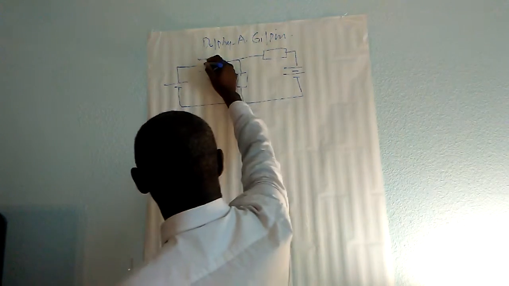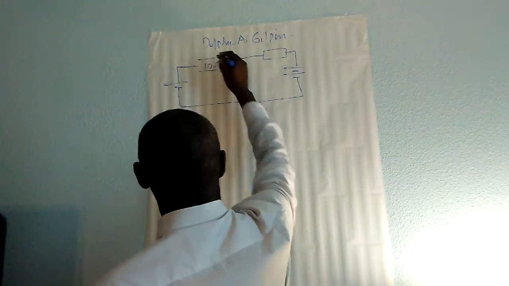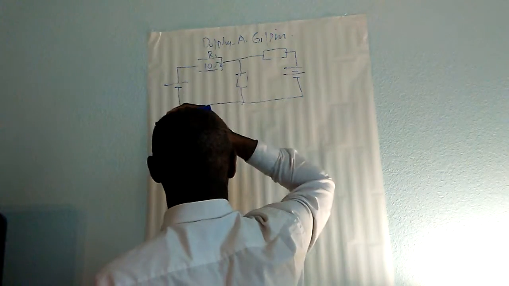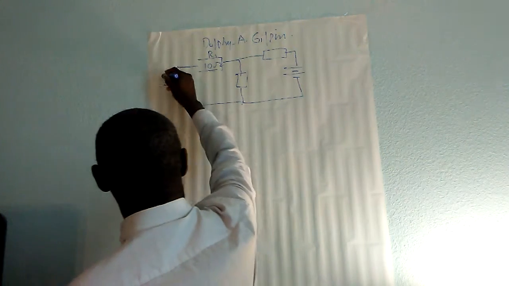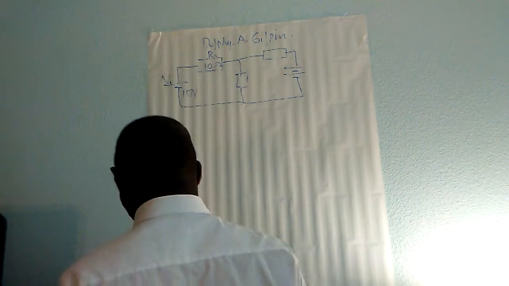And let's say this was 10 ohms. We call this resistance 1. This is voltage 1, and we say this is 10 volts.